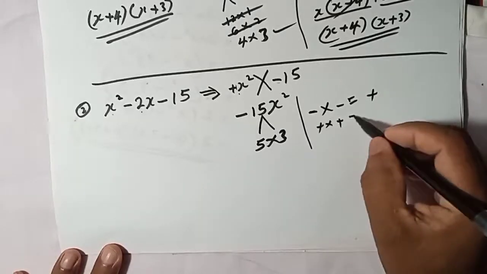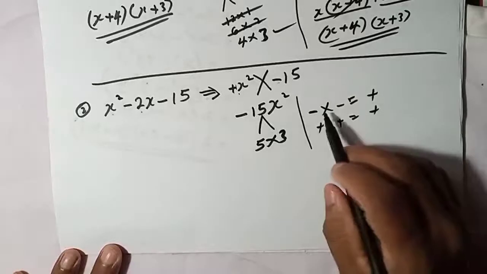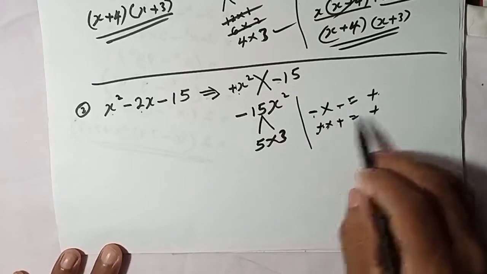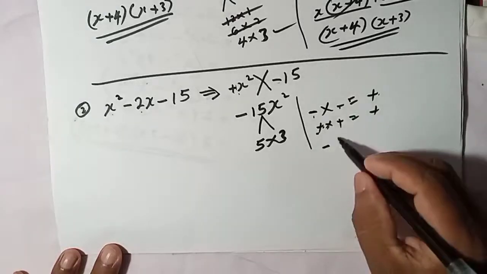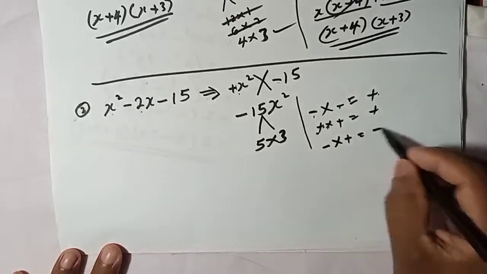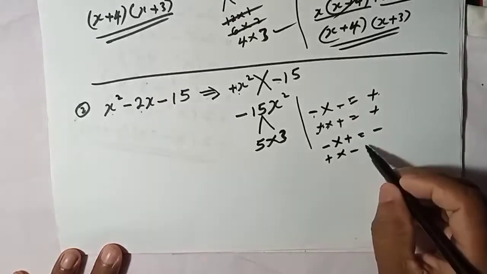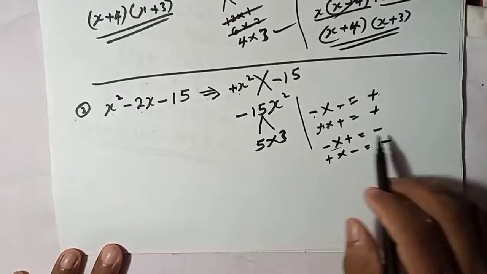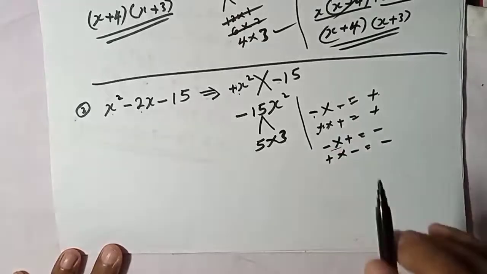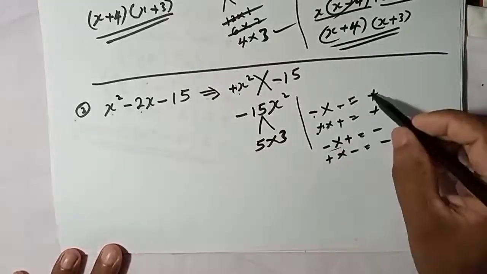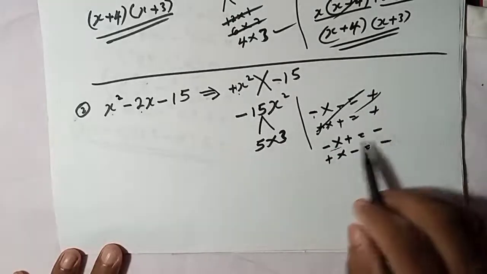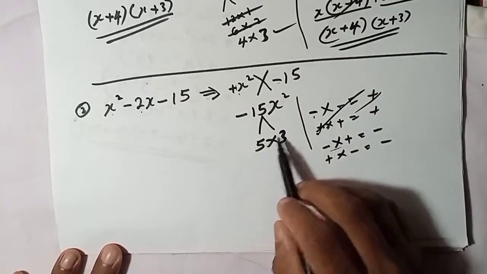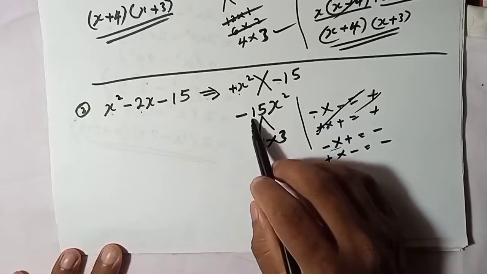Plus into plus, that also gives plus. Same sign gives plus. If different, minus plus gives minus, plus minus gives minus. If the signs are different, then the answer is minus. Try to remember, you have learned this, right? So the only way we can get minus is if the signs are different. That means these two signs must be different to get minus 15.